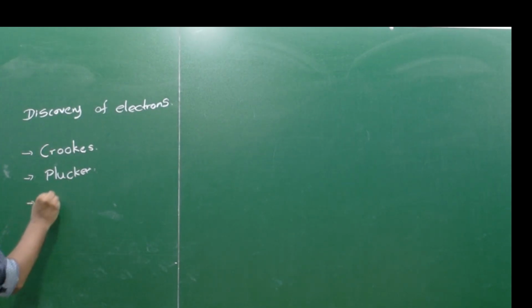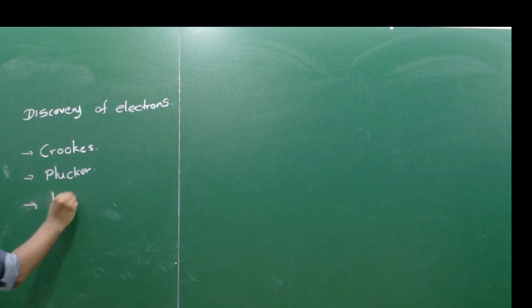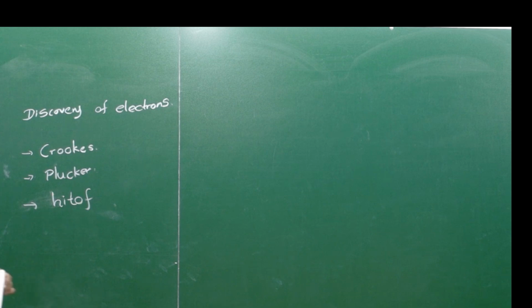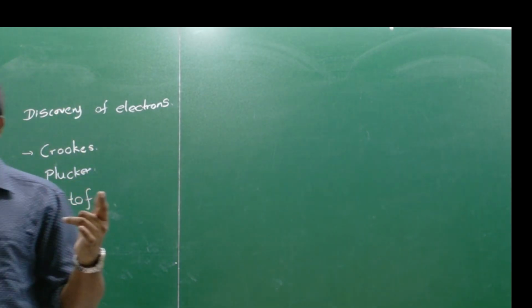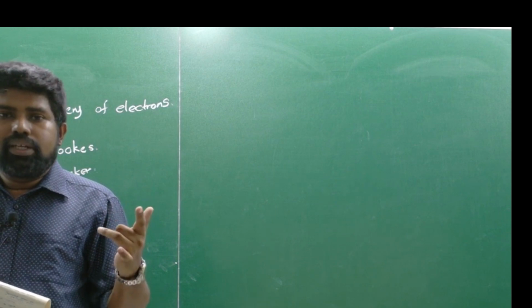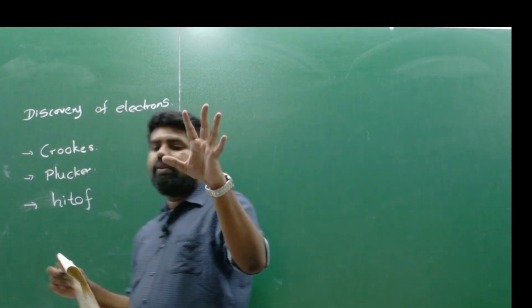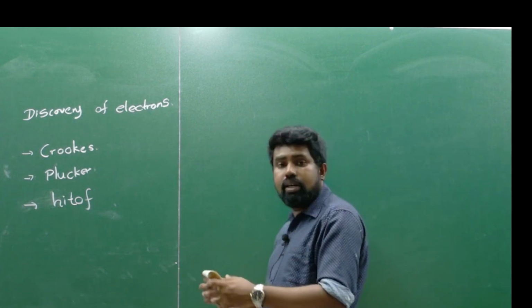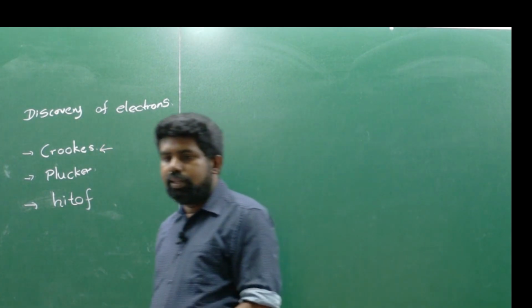Then there was another scientist, Hitov. So there are three scientists involved in the discovery of electrons. The initial experiment for the discovery of electron was done by these three scientists. The leader of this team is Crookes.